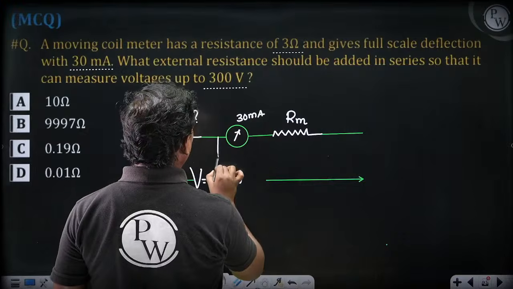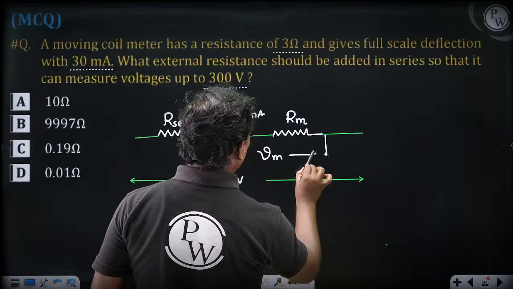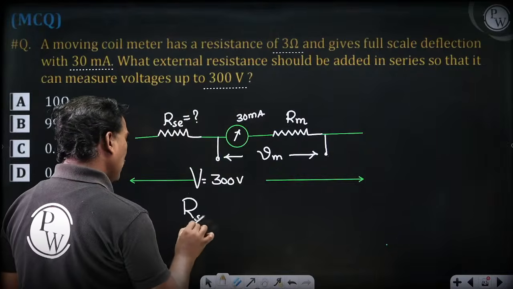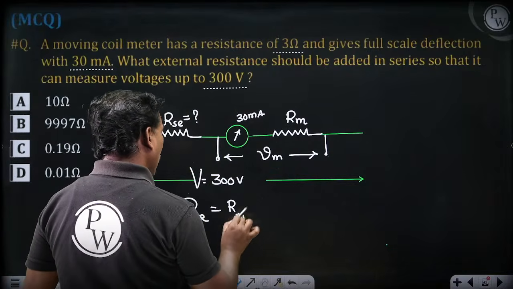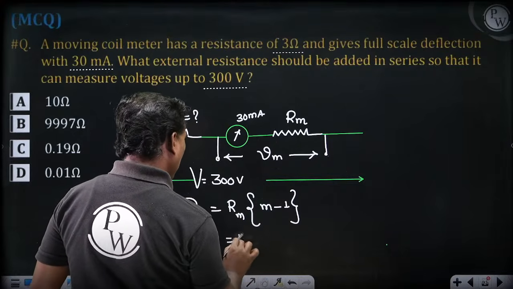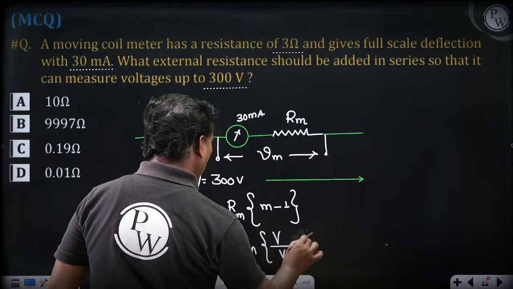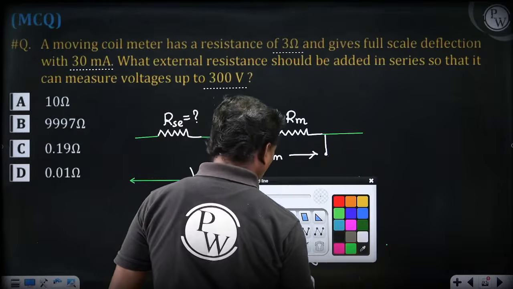Now we can find out Vm, right? This voltage is Vm. So we know that Rsc is equal to Rm into (m minus 1). So m we can write as capital V by small Vm, minus 1.